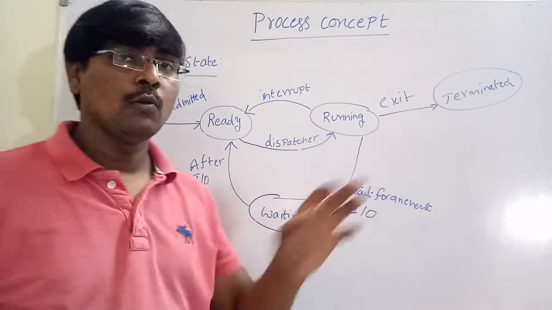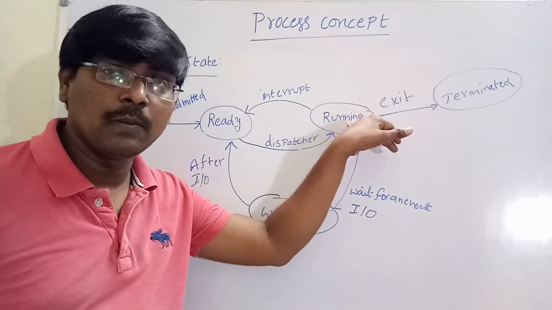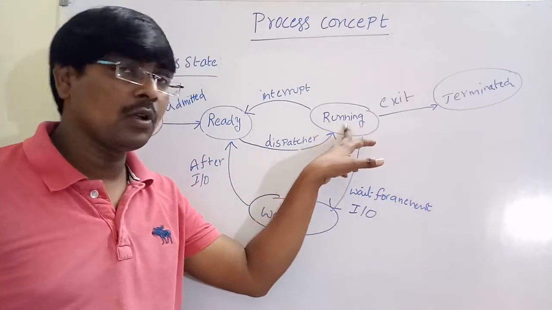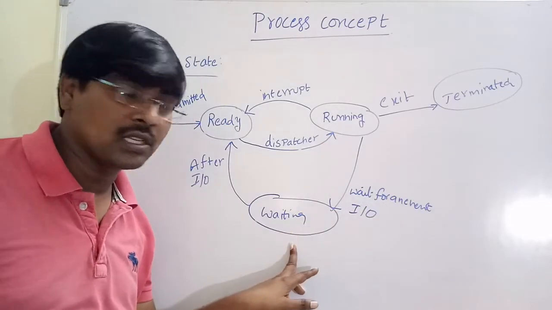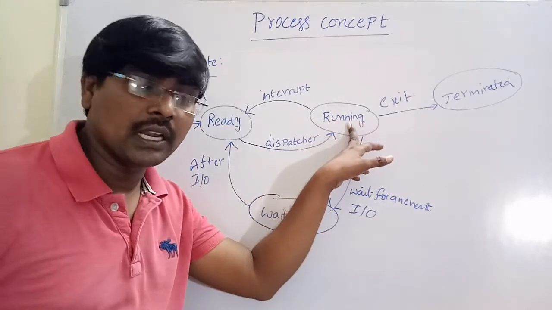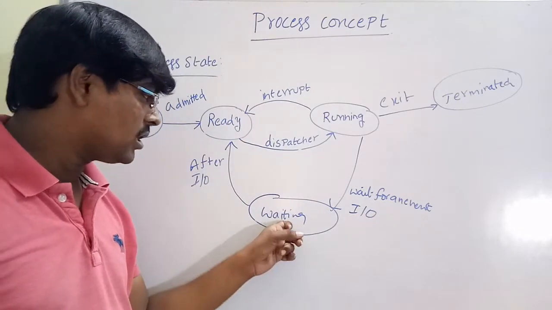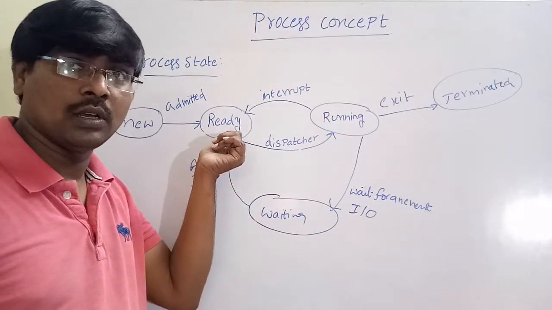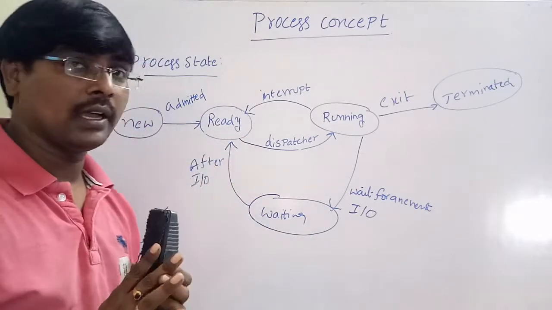During running, we have many cases. One case is the entire process is completed, and it moves to the terminated state. If the process in running state requires an IO operation, it moves to the waiting state. If the process is interrupted, it moves to the ready state. In the waiting state, after completion of the IO operation, it moves back to the ready state. So this is the process state diagram.